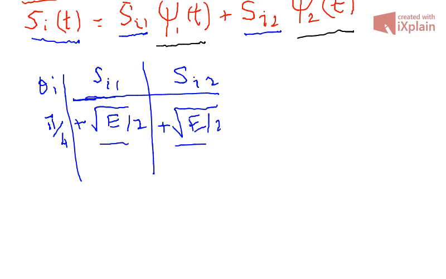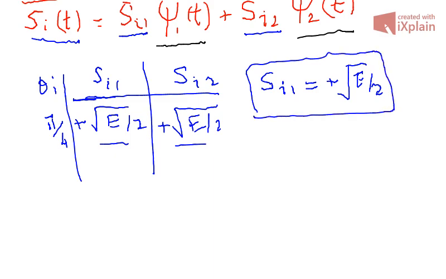It still needs verification, because we did not provide a proof in my previous video that s_i1 is actually equal to plus root E over 2. I did not give you this proof, right?